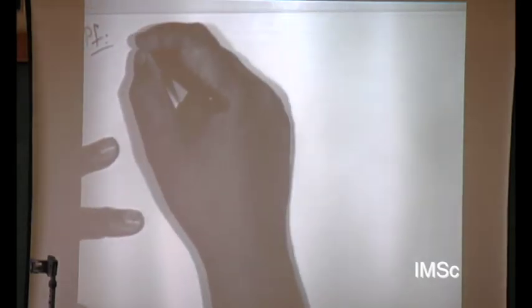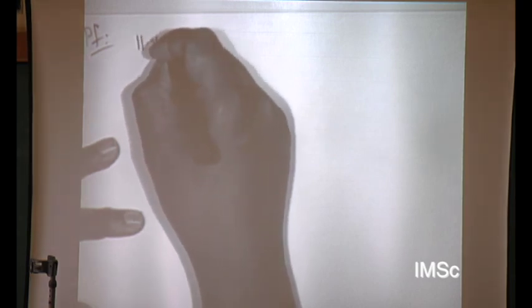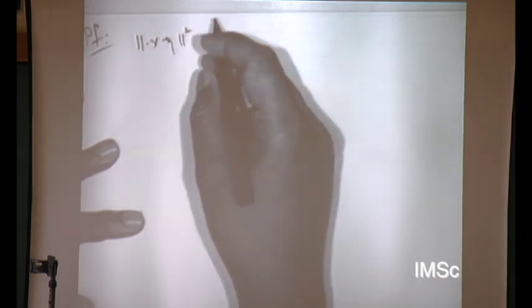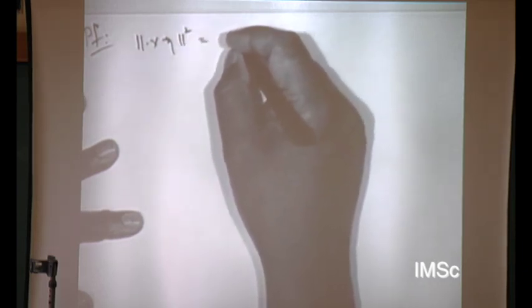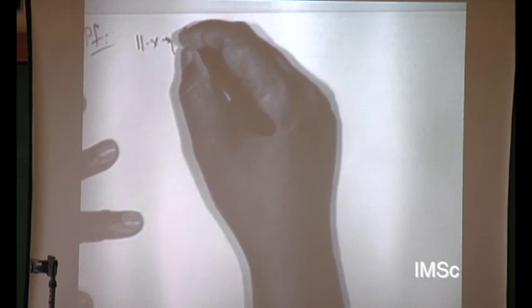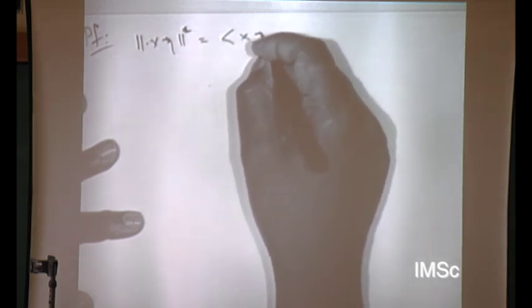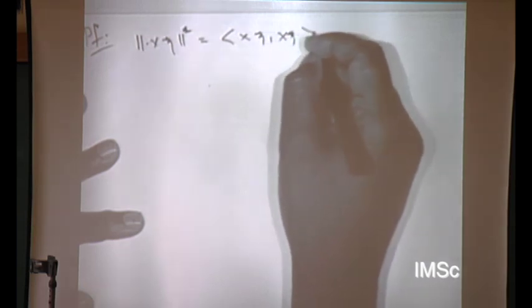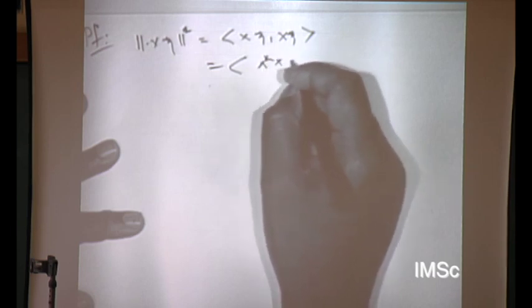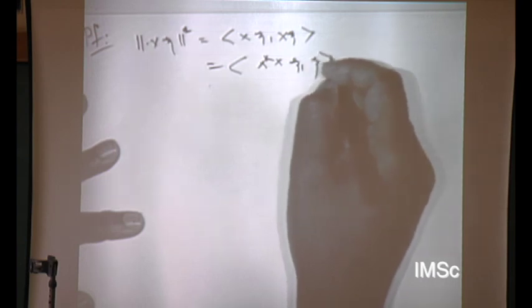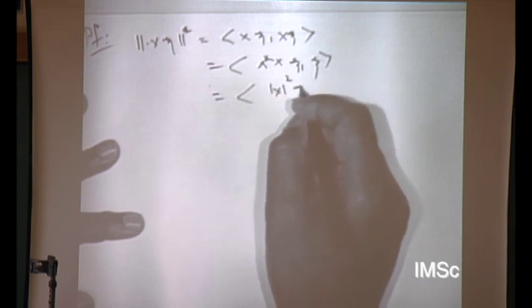I notice that norm of xi squared equals, this is inner product of xi with x star x xi, which is mod x squared xi.